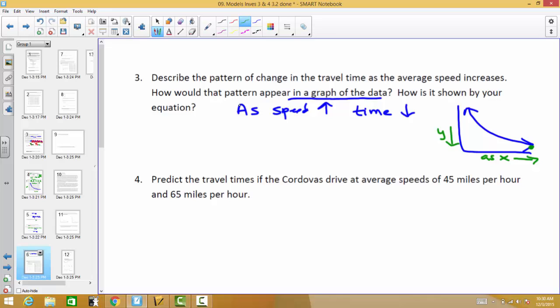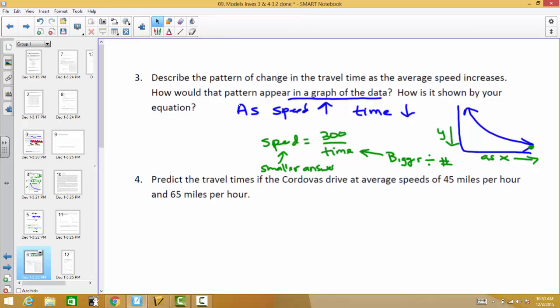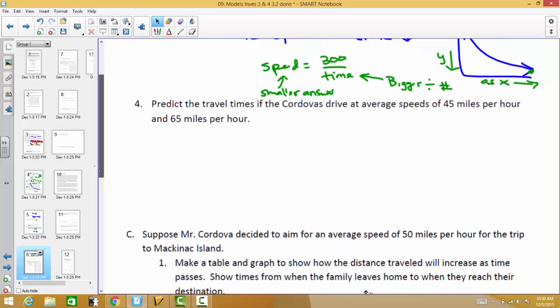This is a bigger x and a smaller y. In an equation, the bigger the number you divide by, the smaller your answer. So that's how we know it's an inverse, the opposite thing's happening.